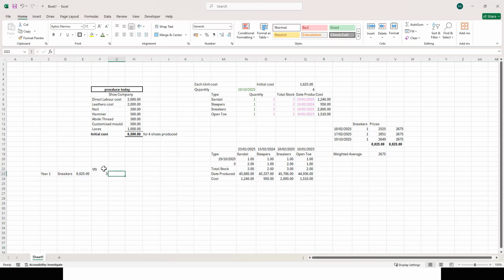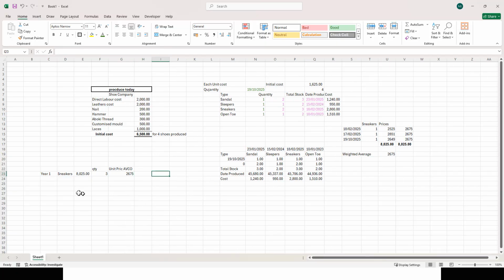Then the unit price using weighted average is 2,675. But if you are not using weighted average, it has variable prices. So let's assume I've adopted weighted average. This is year one, the initial recognition. Then subsequent recognition will be year two.